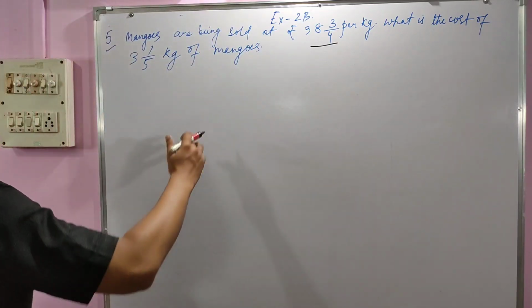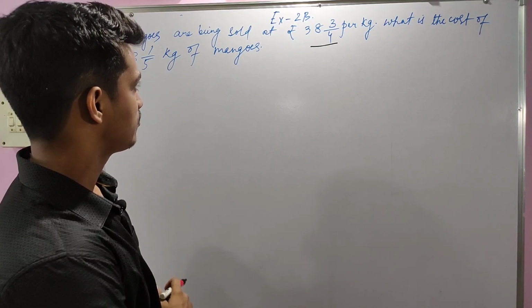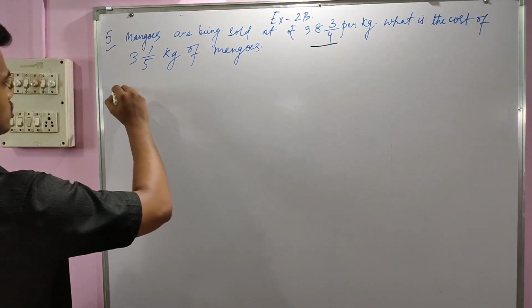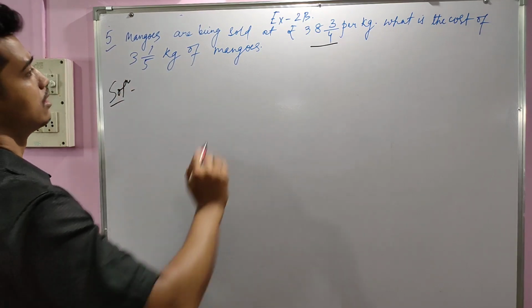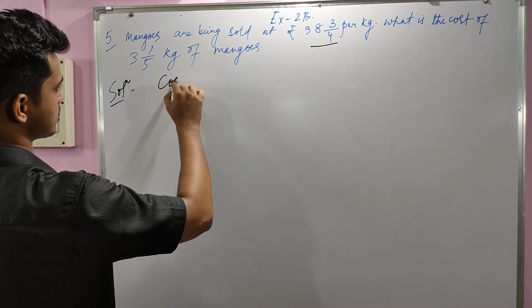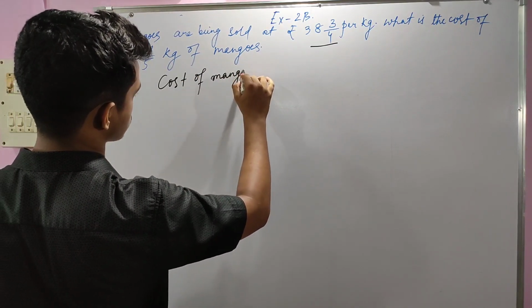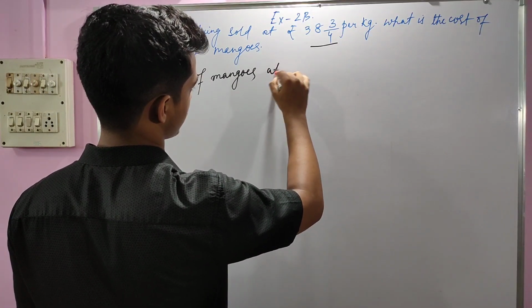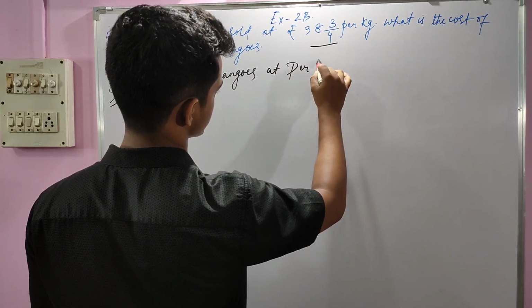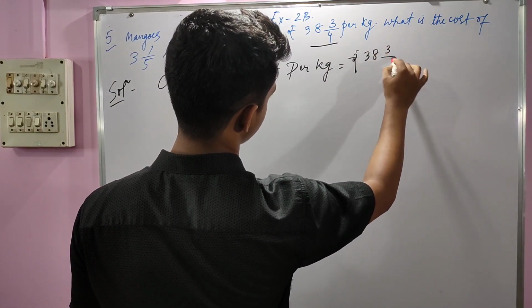So now let's just write all the data, whatever is given over here. So the solution part is that cost of mangoes at per kg equal to rupees 38 3/4.